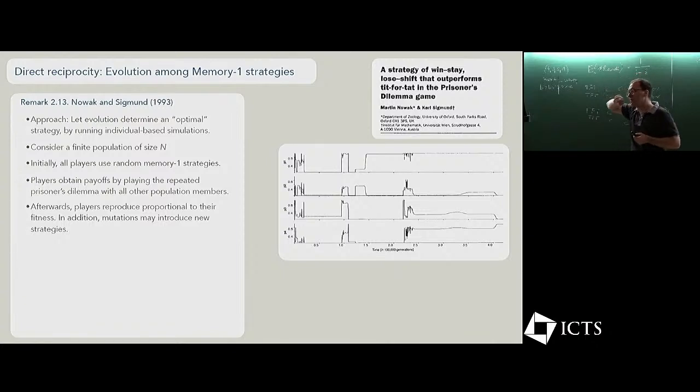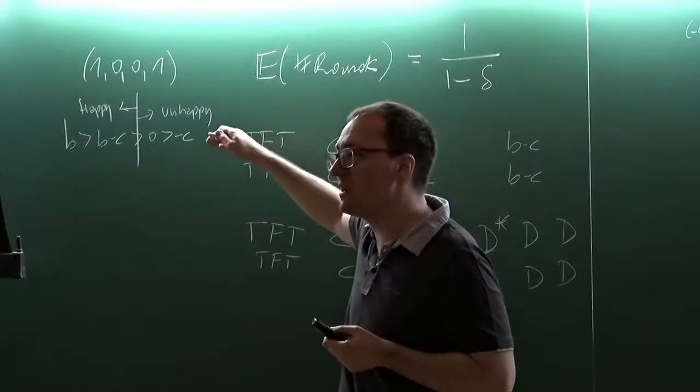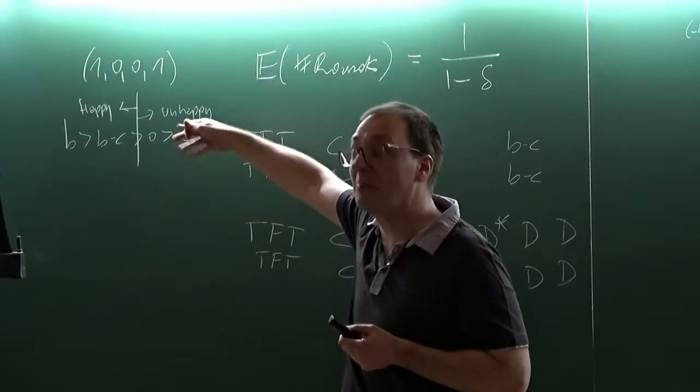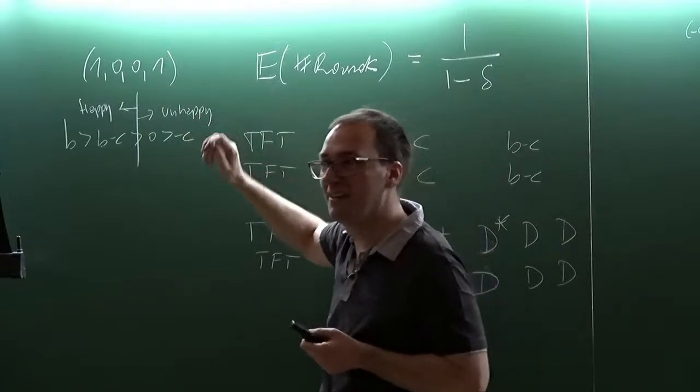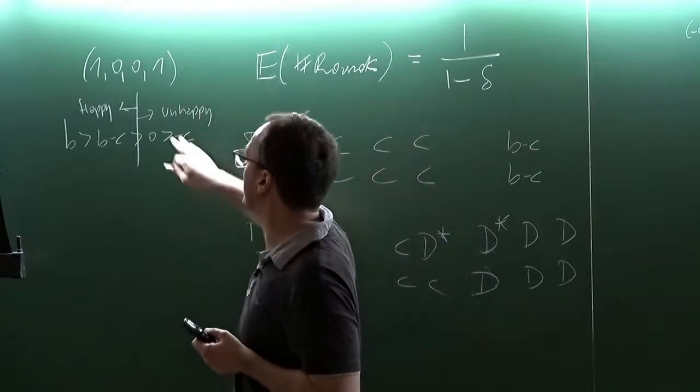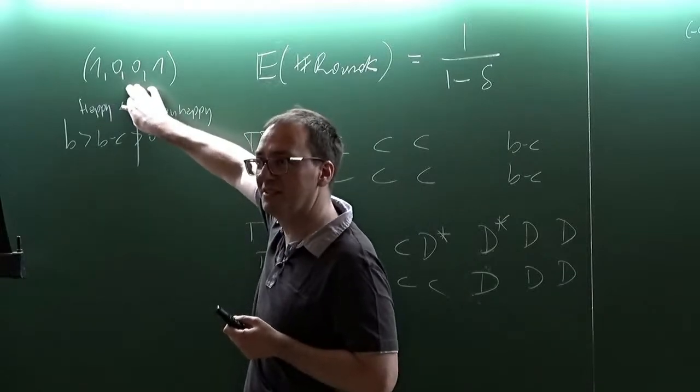There is a more formal explanation why this strategy happens to be successful. The more formal explanation is that win-stay, lose-shift is subgame perfect, whereas tit for tat, for example, is not. So in particular, even if there are errors, this strategy is good, whereas tit for tat is not.